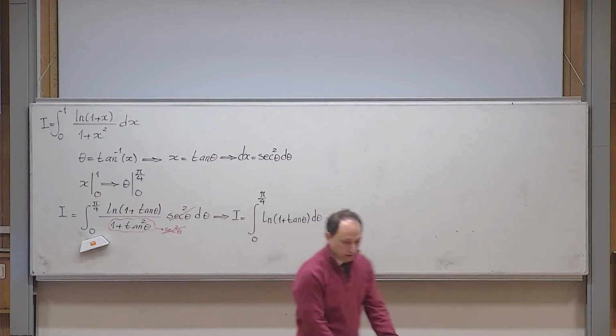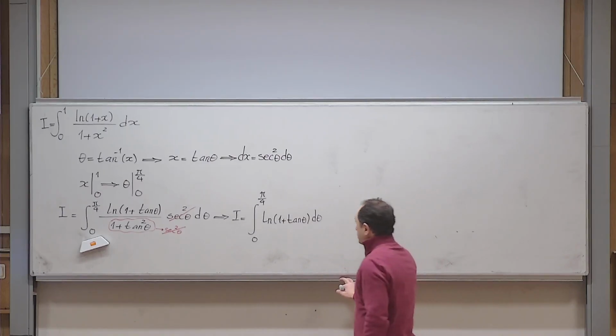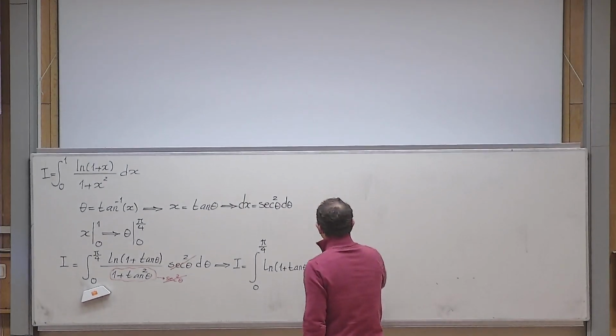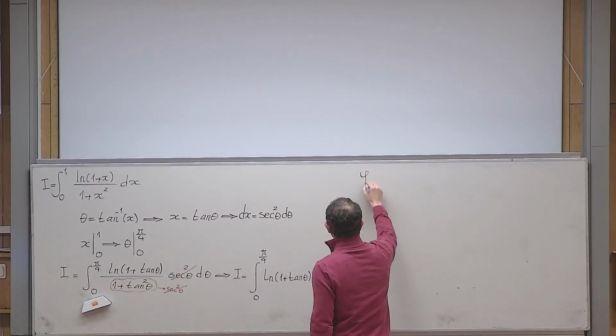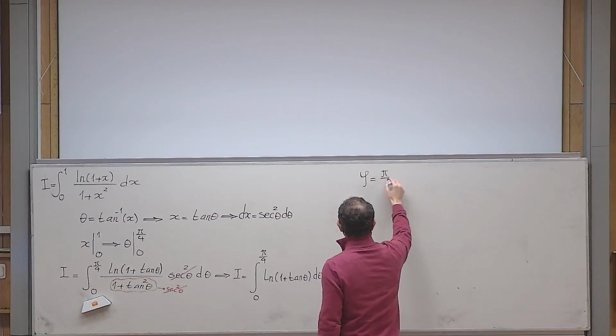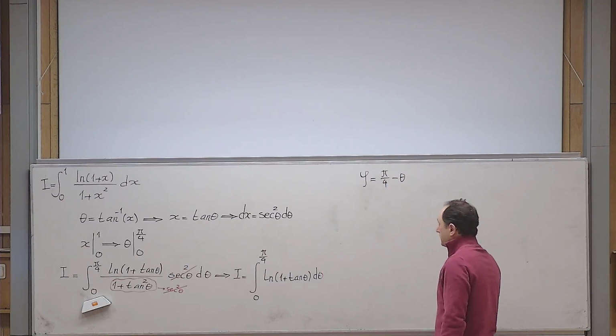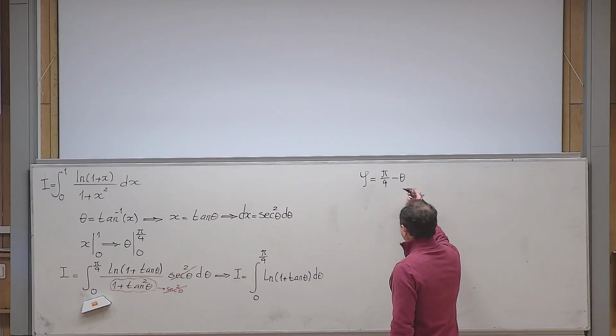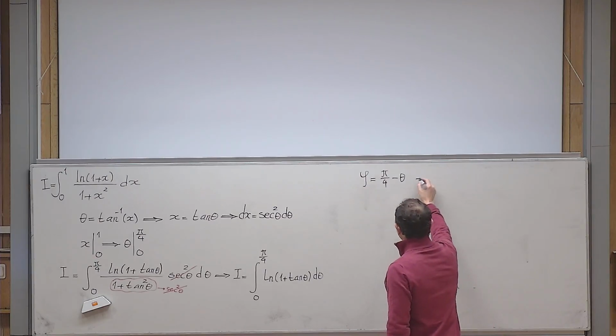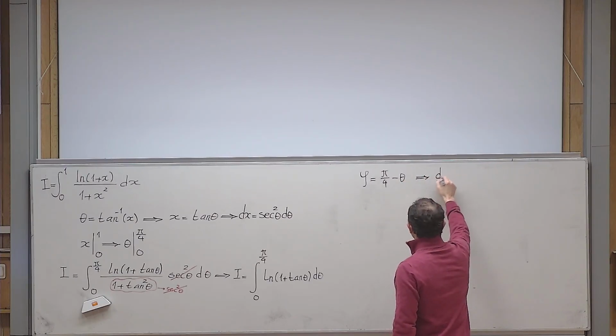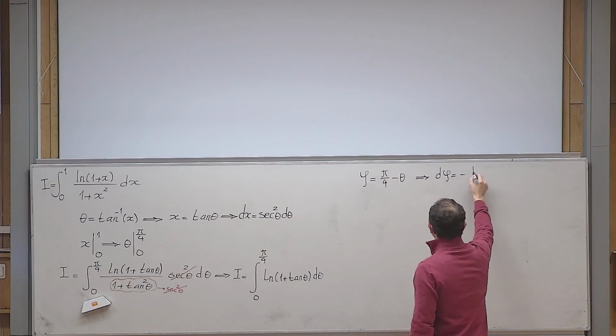So let me write it here. What we want to do next, we want to introduce a new variable, phi, to be pi over 4 minus theta. You will see why. Okay, but the standard way is just differentiate both sides. So this becomes d phi equals minus d theta.